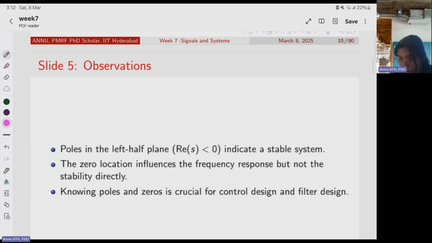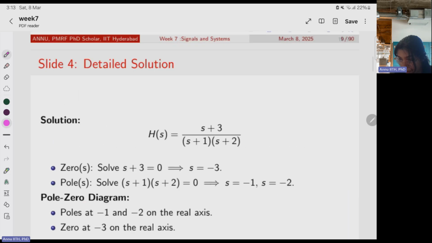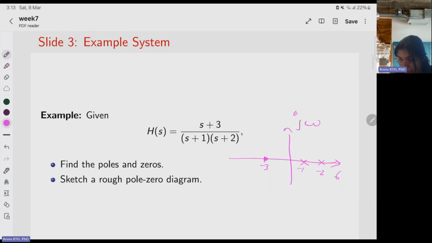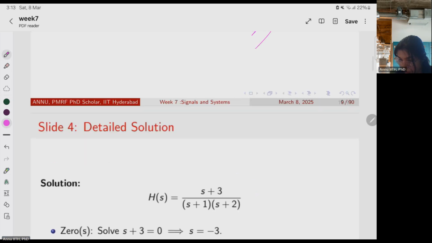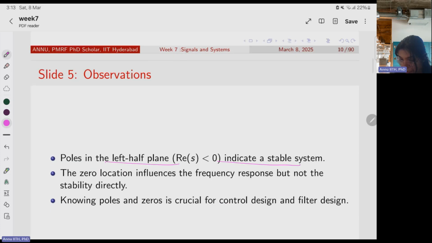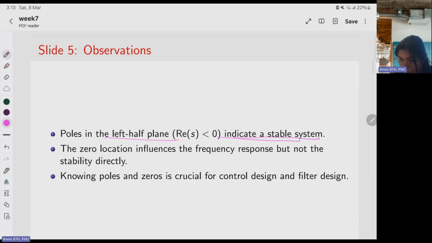Poles in the left half plane indicate a stable system. So we have the left half, this one. Zero location influences the frequency response, but not the stability directly.